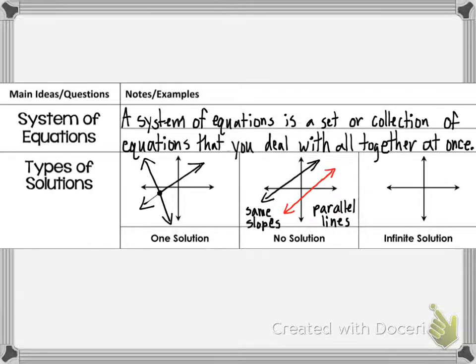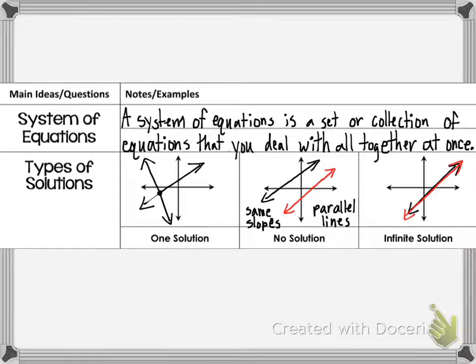Now we're getting to infinite solutions. Yes, if I graph my first line and I graph my second line and it turns out to be the same exact line, they're intersecting at every single point on that line, right? And those lines go on forever and ever.